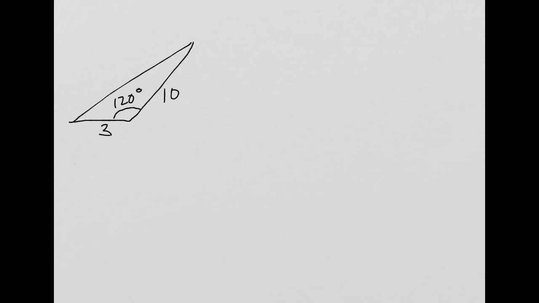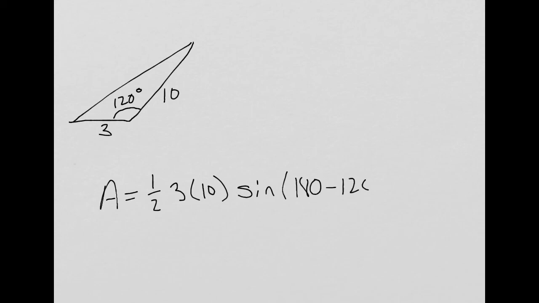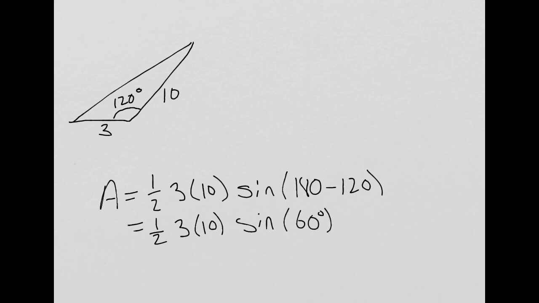So the area is (1/2) 3 times 10 times sine of 180 minus 120. 3 times 10. That's the sine of 60 degrees. 60 degrees, though, we can convert into radians. I get 1/2 3 times 10. 60 degrees in radians is pi over 3.